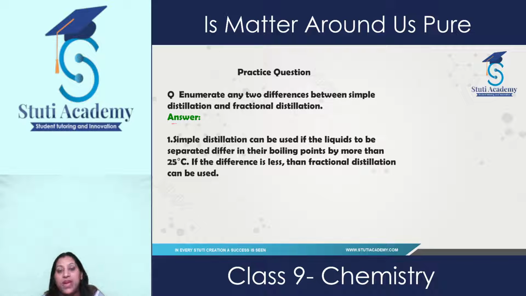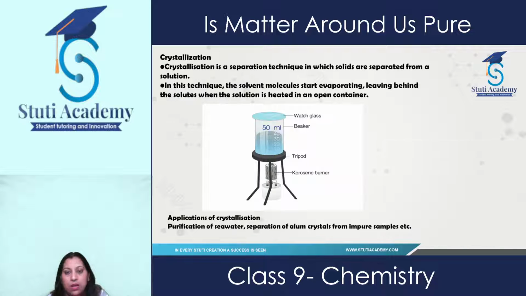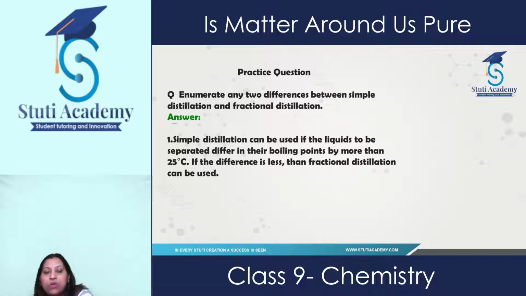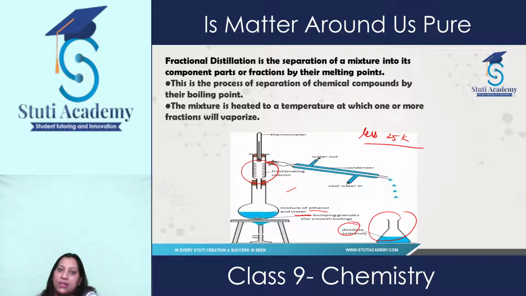So this is the main difference between simple distillation and fractional distillation. Now next is, draw a labelled diagram showing the process of fractional distillation. So in this, you need to draw this diagram which I have just explained to you, or if the question demands then you have to elaborate it, so then you need to explain this process completely.